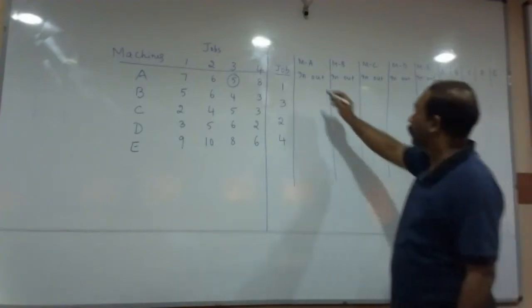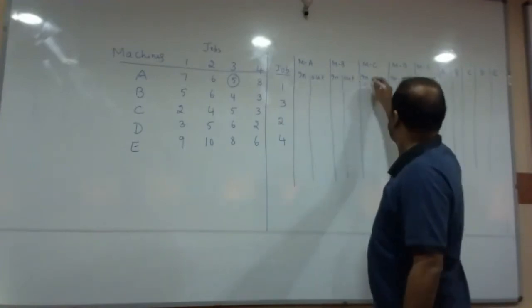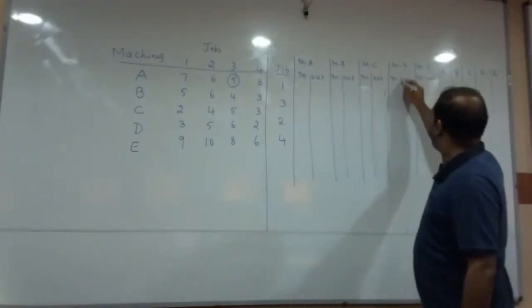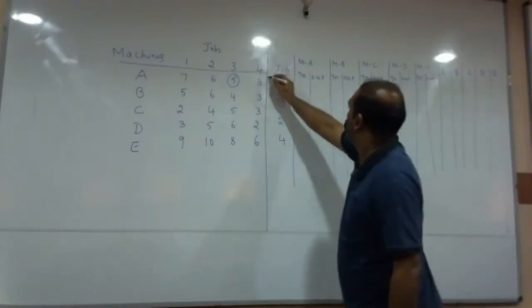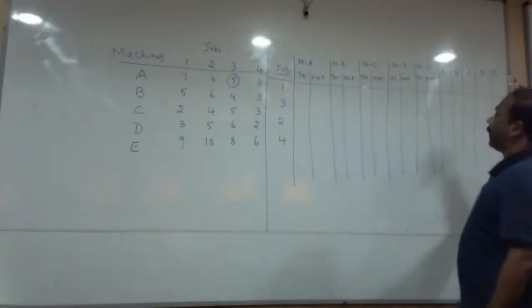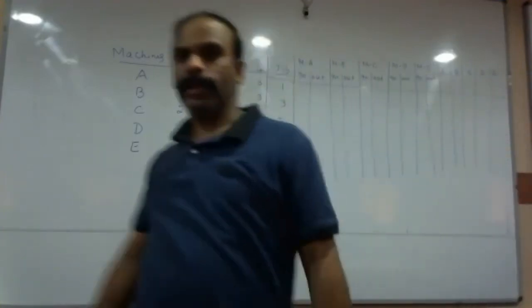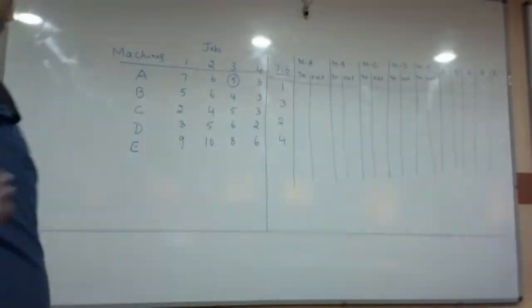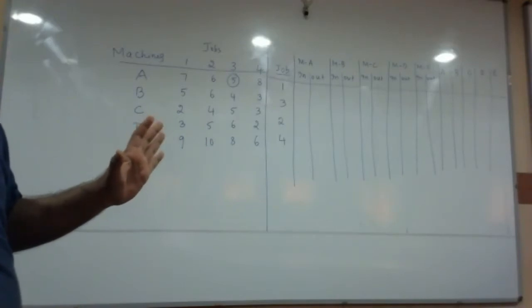Now let me write down the values. This is the overall table we have now. If you look at this, are you able to see all the numbers clearly? Is it visible, everyone?